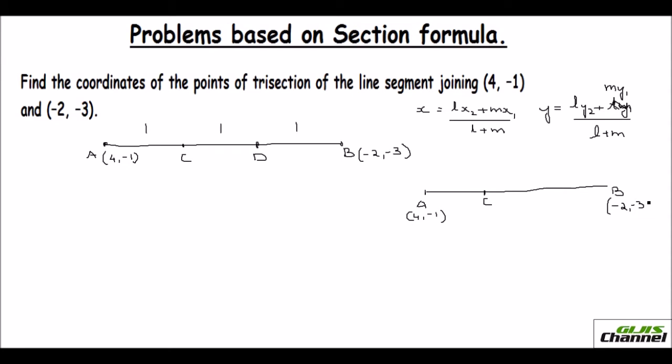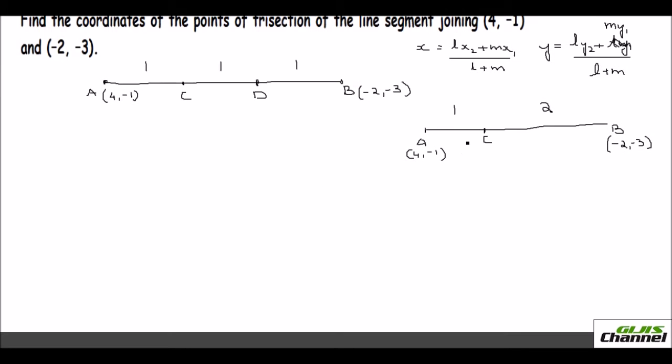The ratio is 1 part from A to C, and C to B is 2 parts, because you have 1 plus 1, 2 parts on this side. So using these as l and m, and these two coordinates as x1, y1 and x2, y2, let us solve the problem. I take C as (x, y) this time.